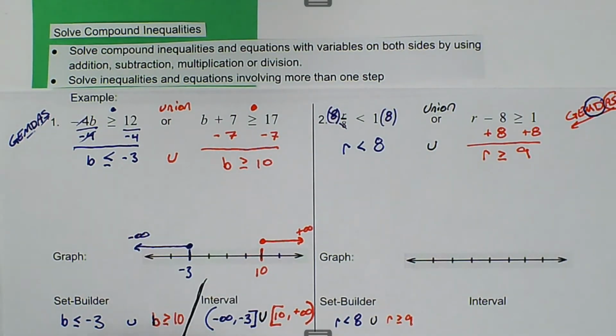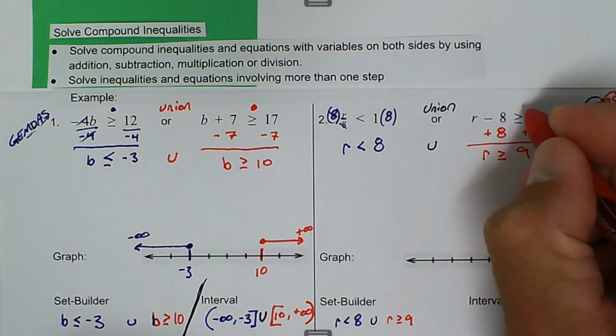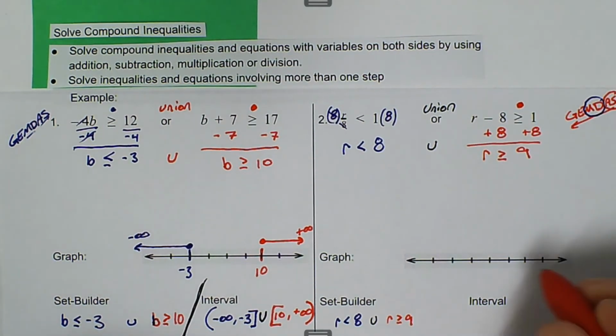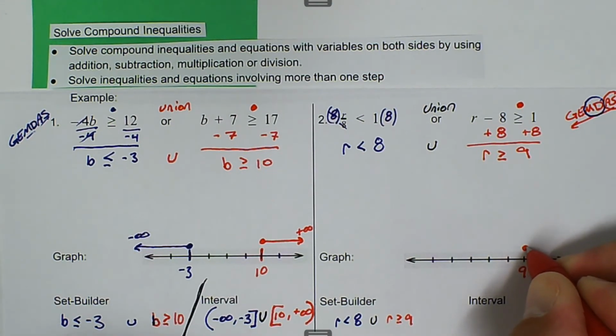And then we can just graph those as well. And remember, greater than or equal to means closed dot. So at 9, we're going to have a closed dot, and we'll shade to the right.